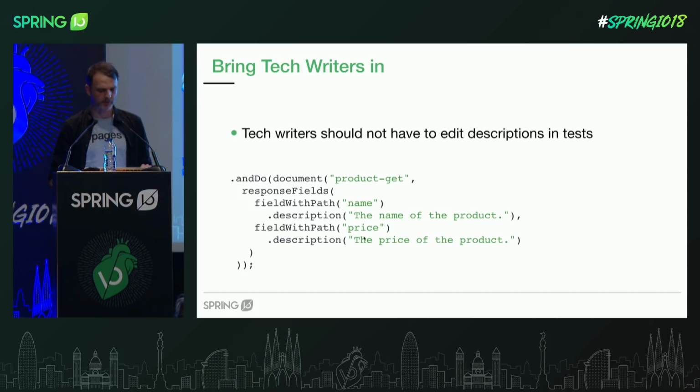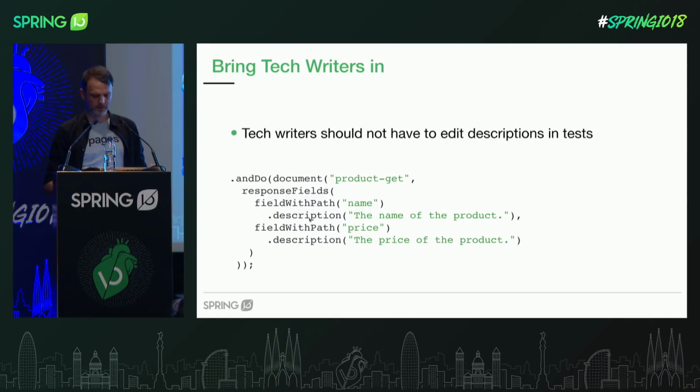But with this model that we have just seen, with putting these descriptions in the tests all the time, we spread all these texts across all our test code, right? And it's quite a bit of test code that we have. We don't want our tech writers to have to scramble through all these tests and find these places. And they also didn't want to tamper with source code files. So they said, okay, I'm afraid to break things, and I don't find my way around.